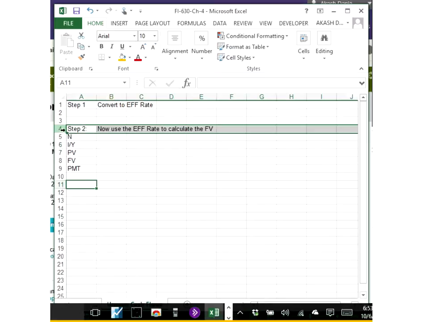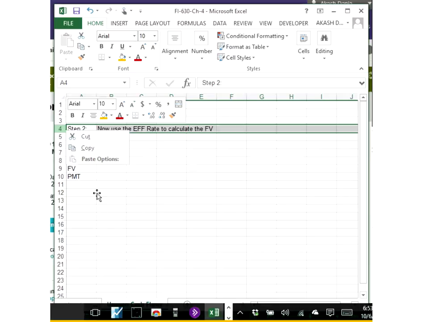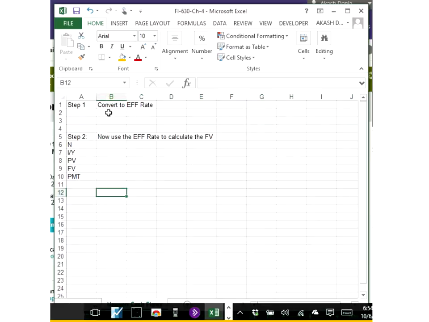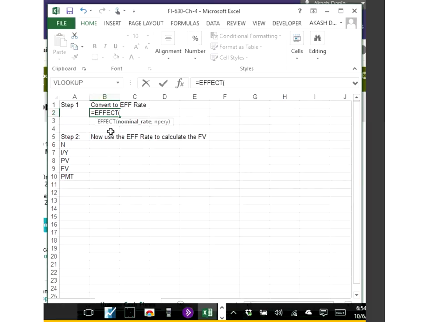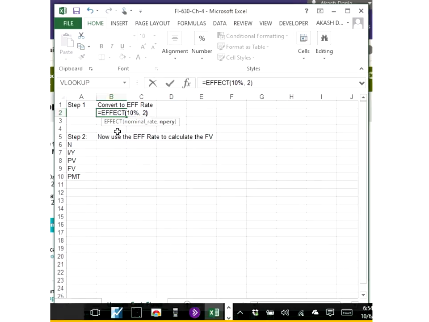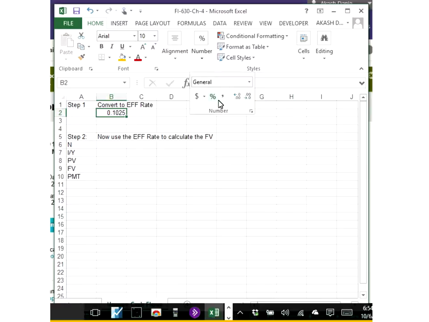Okay, students online, can you all view the Excel worksheet? So what's happening is, it's a two-step process. The first step is converting it to the effective rate. Since it's a 10% semi-annual, to convert that into the effective rate is going to be EFFECT. Nominal rate is 10%, and then 2.